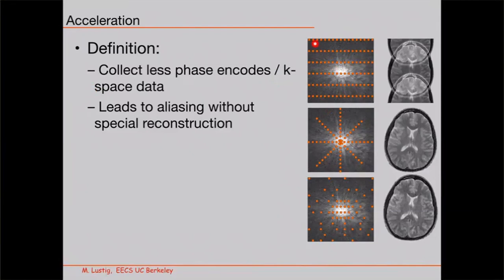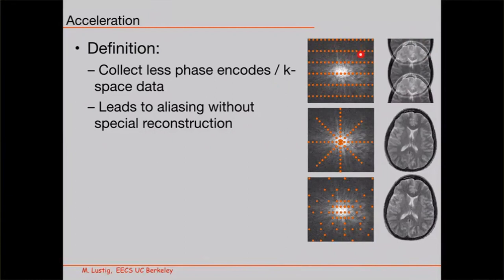And if you do that and try to do regular inverse Fourier imaging, just take the inverse Fourier transform, you would get a phenomenon which we saw before, this folding or aliasing, right? Because you're collecting basically a smaller field of view. You're assuming that the object's field of view is smaller than what you need.